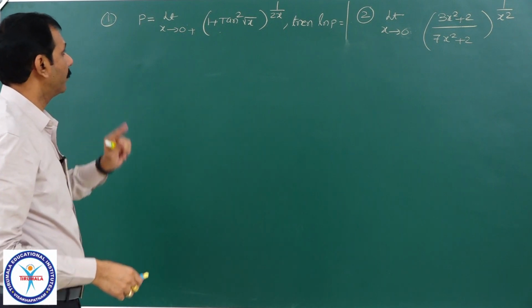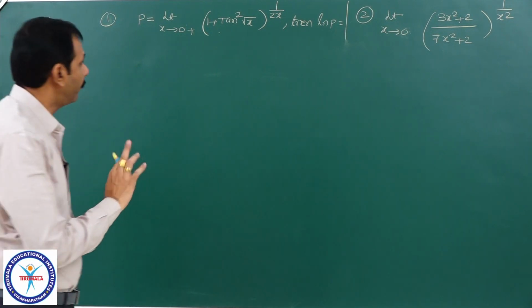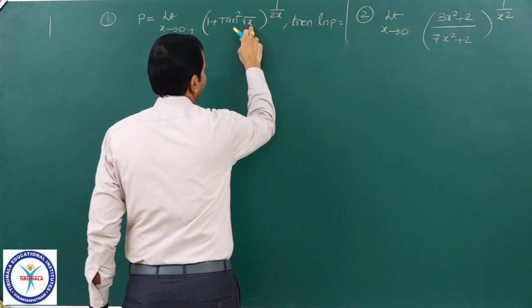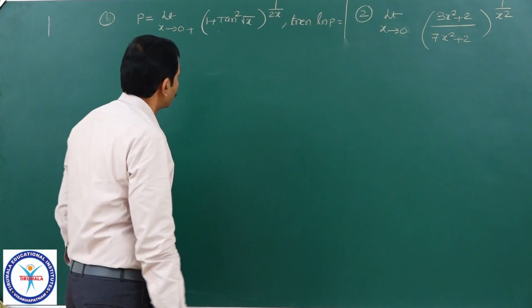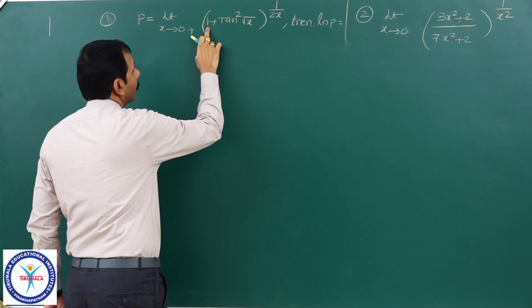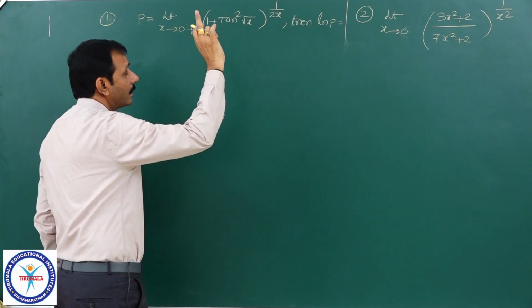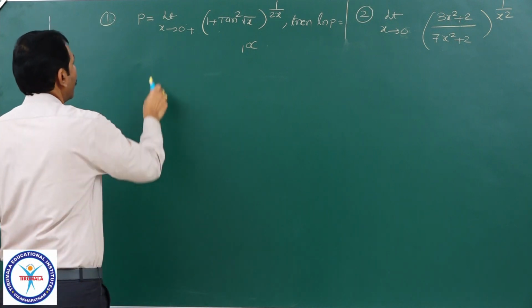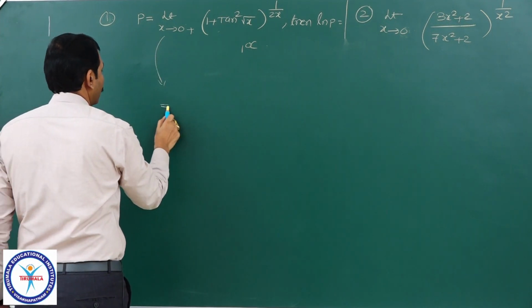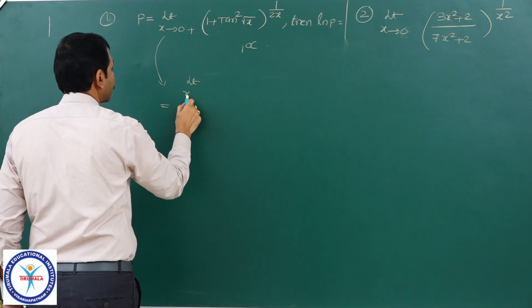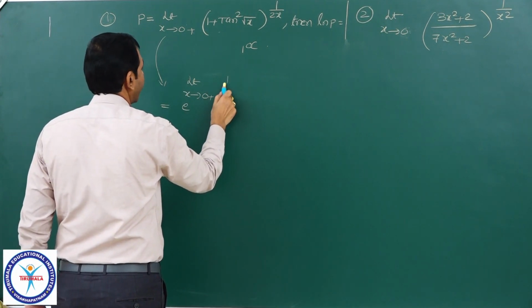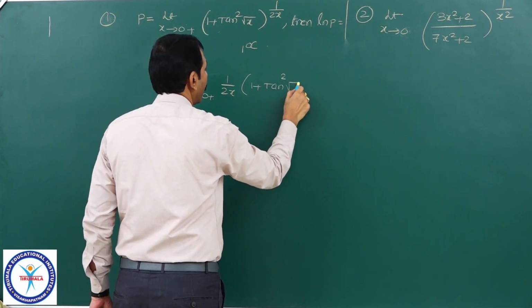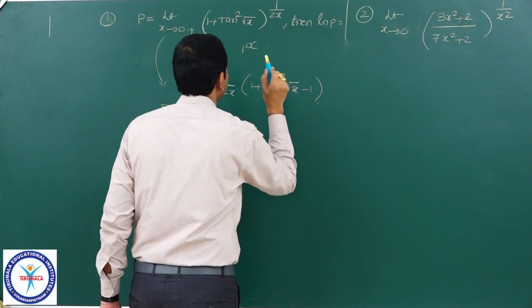Okay, let us look at these two problems. Of course, on the same form, 0 plus, given that it is defined only for 0 plus, of course 0 also defined. 1 power 1 by 0 means infinity, it is of the form 1 power infinity, our same old formula. It is equal to e power limit x tends to 0 plus g of x means 1 by 2x into (1 plus tan square of root x minus 1).